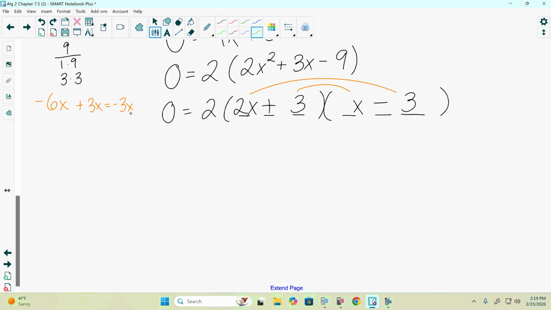Is that the middle term we wanted? Well, yes and no. It's the correct number, but wrong sign. And if we have the correct number but wrong sign, all we need to do is flip the signs. Because if we flip those signs, 2x times positive 3 is now positive 6x. Negative 3 times x is negative 3x. Now we do have that positive middle term of 3x.